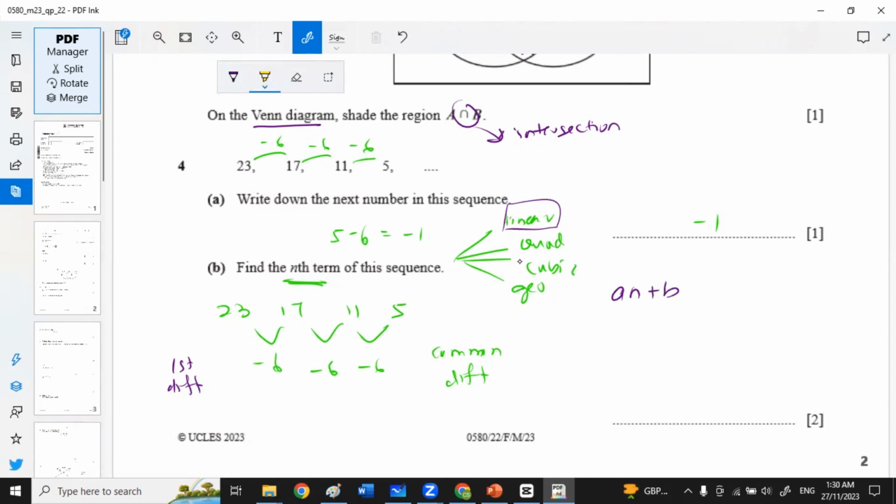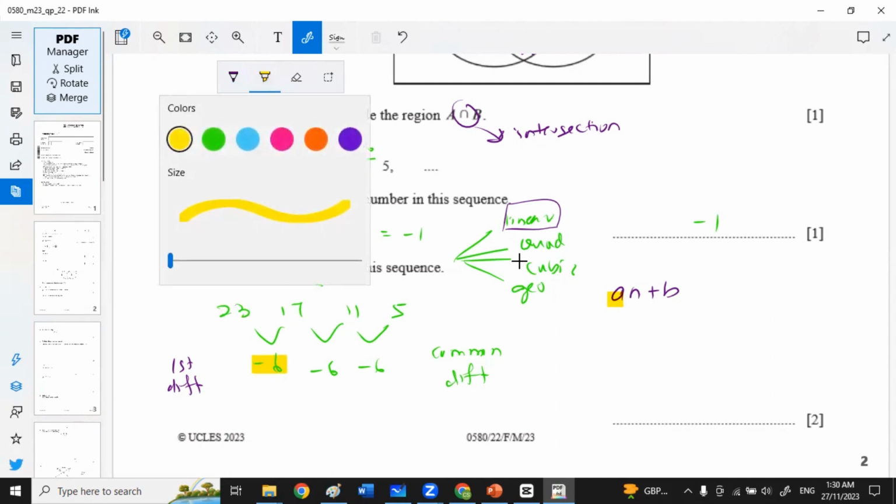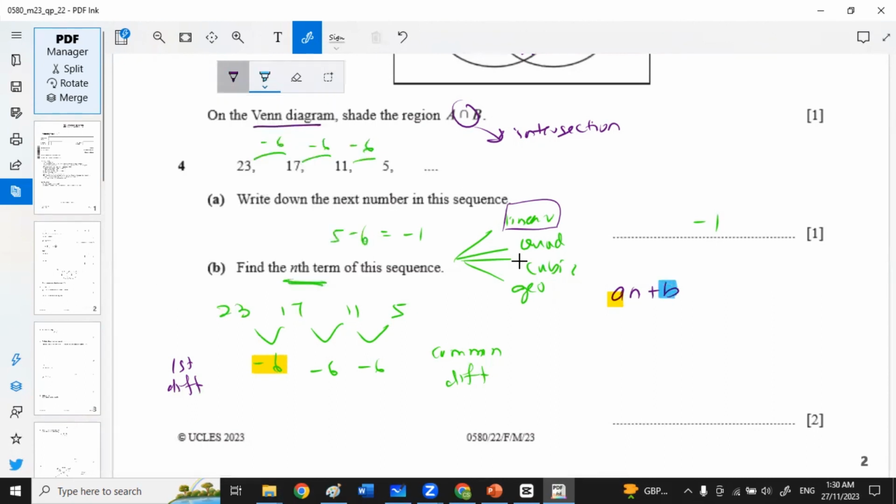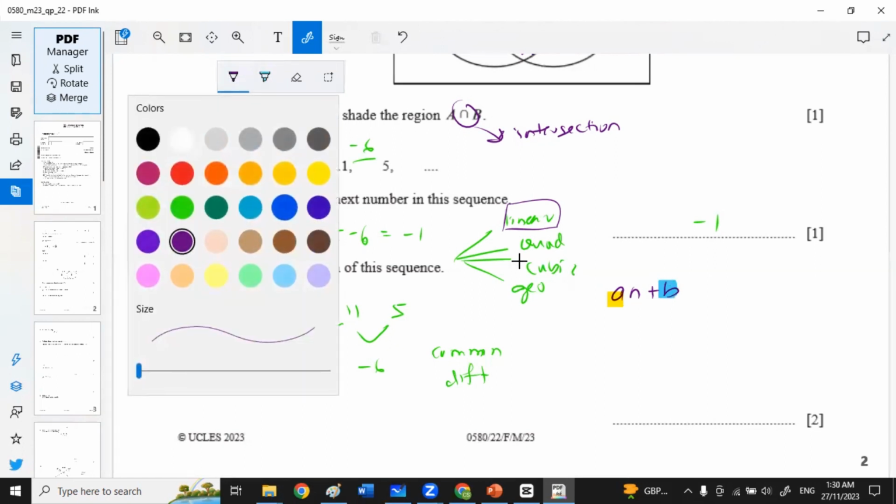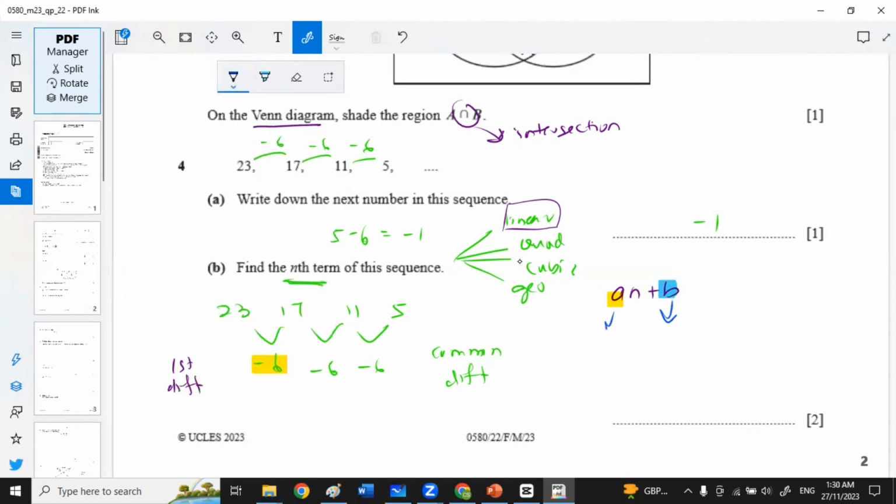Sorry, a is the common difference, and b is the first term minus the common difference.